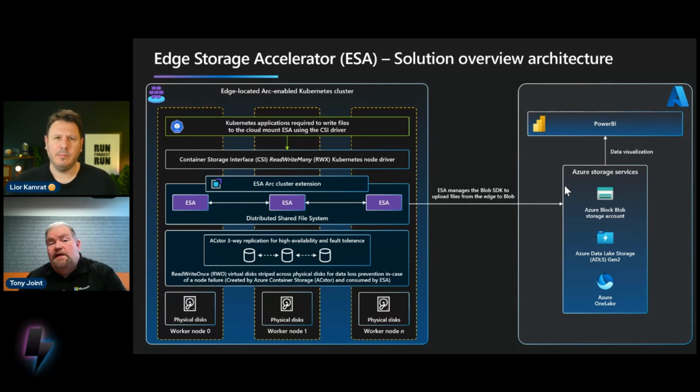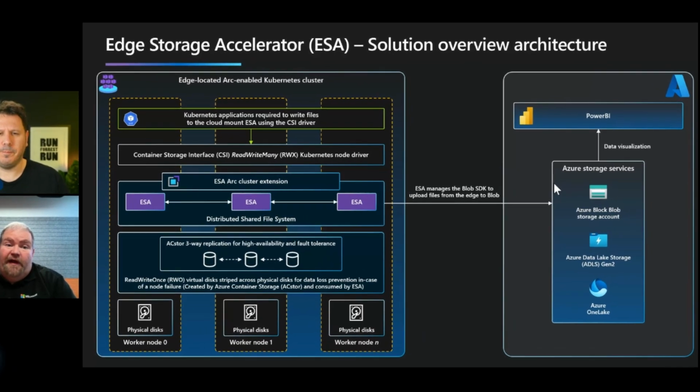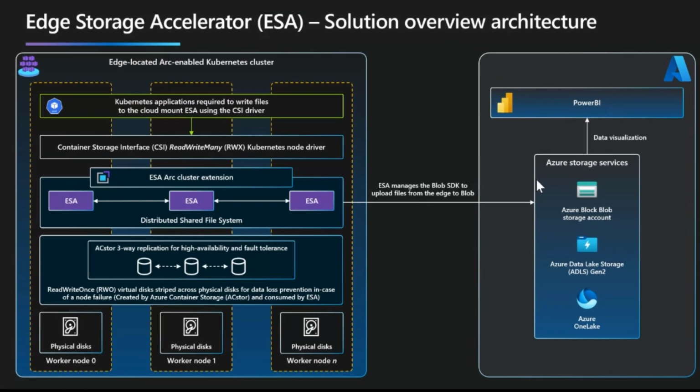Yeah, so the ESA gives you a number of options when you're developing your pod and your applications. The ESA solution gives multiple tiers for your implementation. As I mentioned, you get a CSI driver interface to a ReadWriteMany file system.